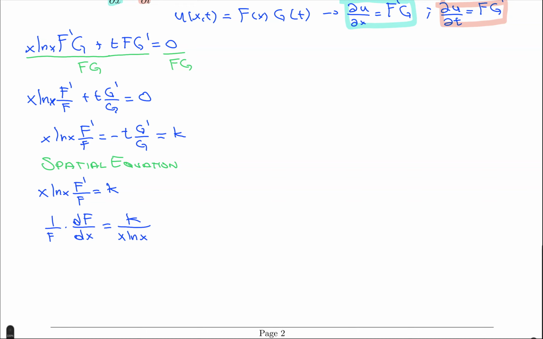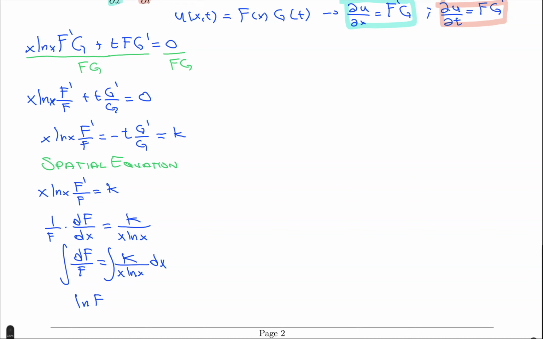Keep separating the variables to get df over f equals k over x ln x dx. Integrate both sides. df over f equals ln of f. What about the integral on the right-hand side? The integral of k over x ln x. How about a u substitution?